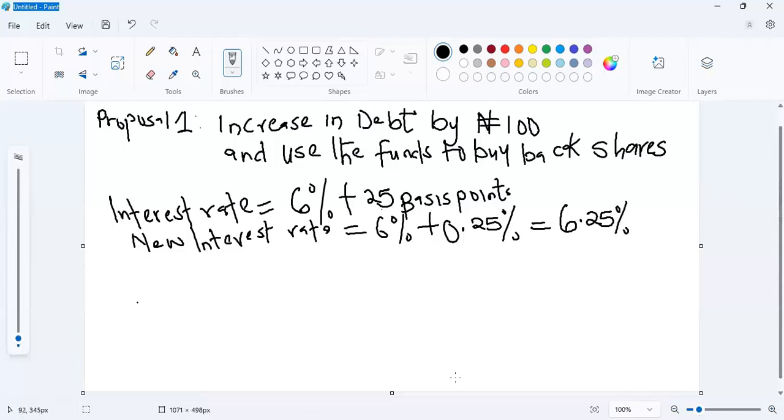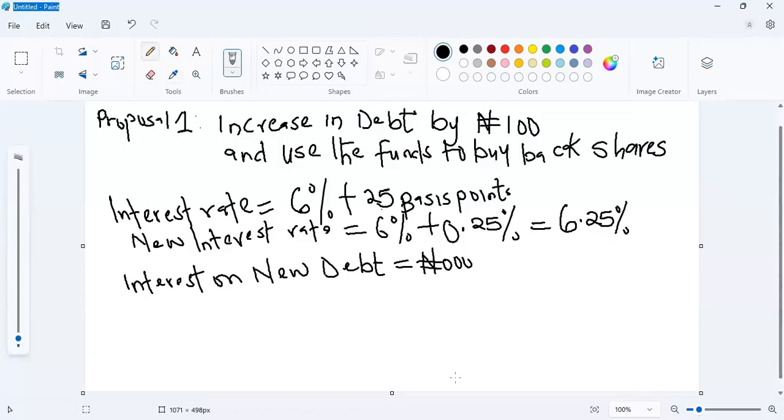I will now calculate interest on the new debt. The new debt is 100 million multiplied by 6.25%.